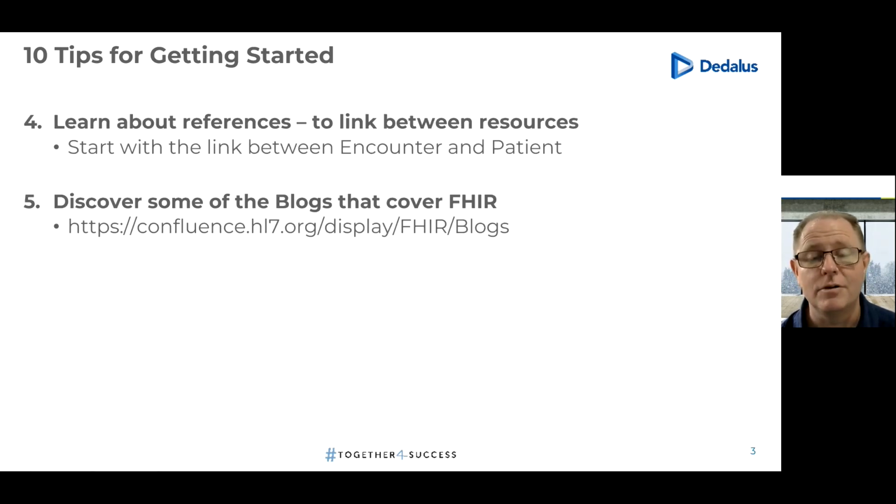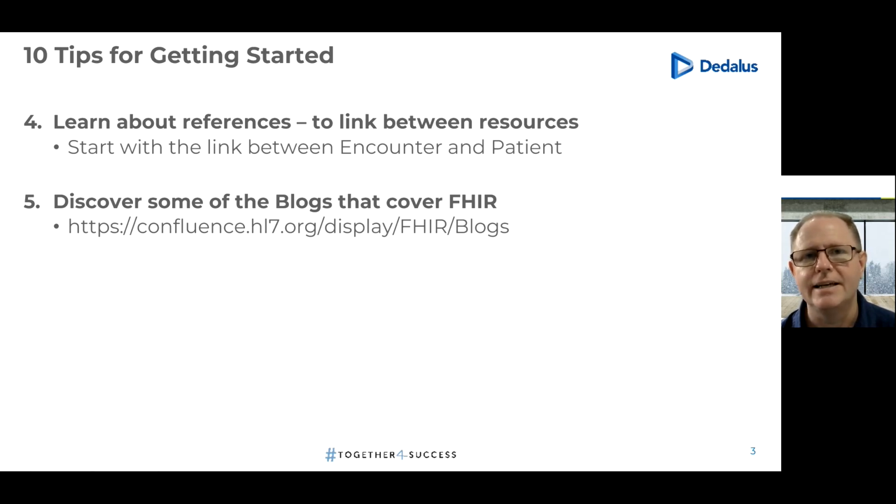Tip number 4. So we've looked at patient resource and we've looked at practitioner and maybe we've looked at encounter resource, but how do they link together? What's the join between those 2 or 3 resources? References. So we use references throughout FHIR, and again, start simple. If you understand that a patient has a relationship with a GP, so a patient's linked to a GP, then the reference between those 2 is how those things join together.